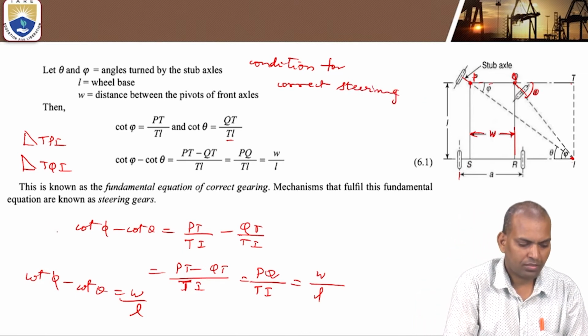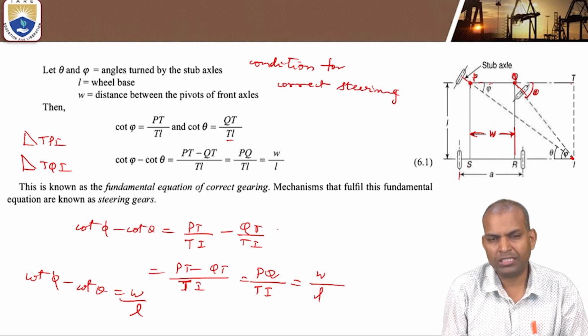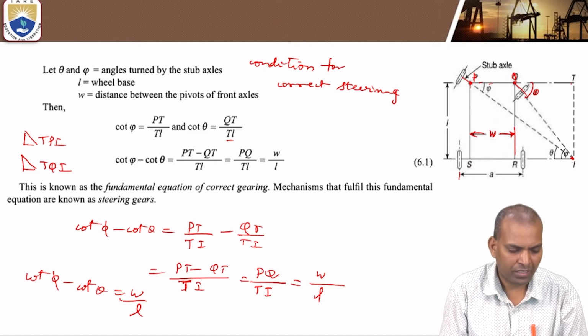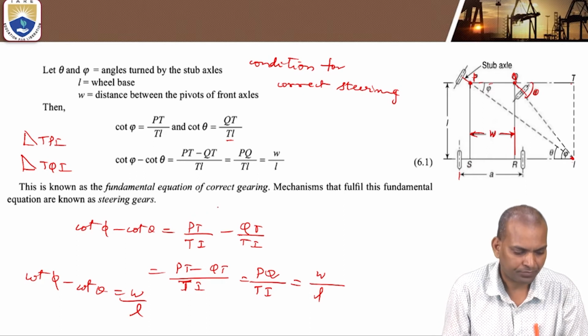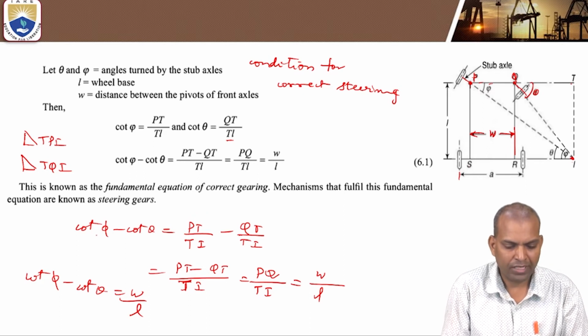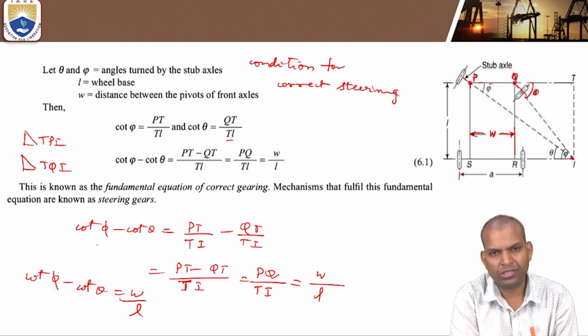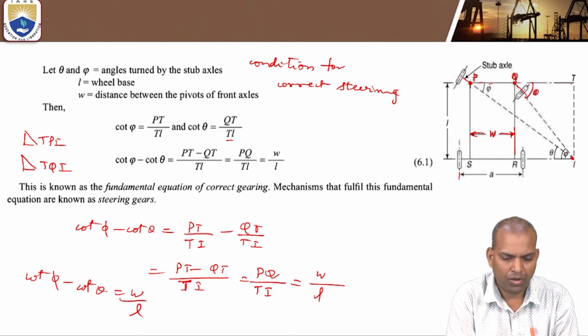Whenever we design any steering gear mechanism, that mechanism should fulfill this equation. This is the fundamental equation of correct steering, or condition for correct steering. It is a very important equation for the design and analysis of any steering gear mechanism.